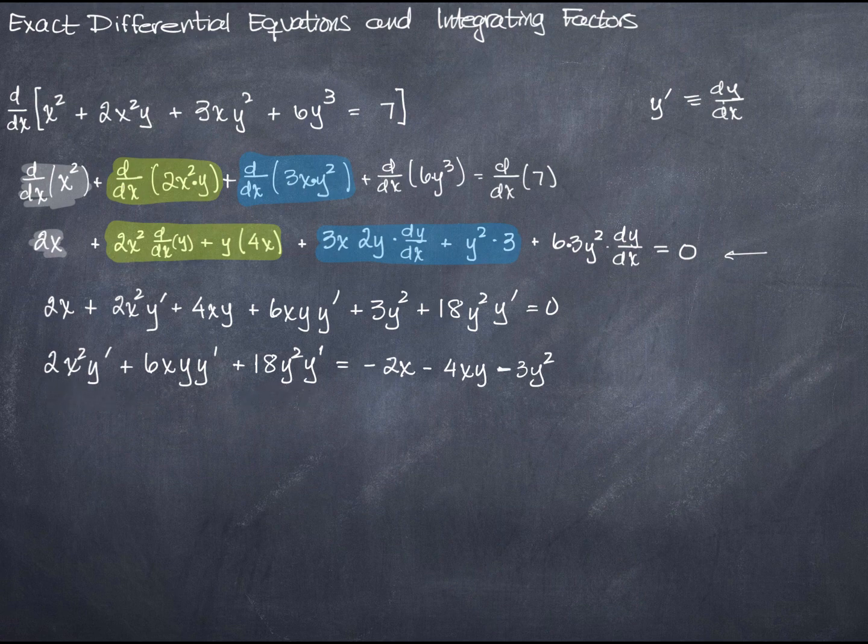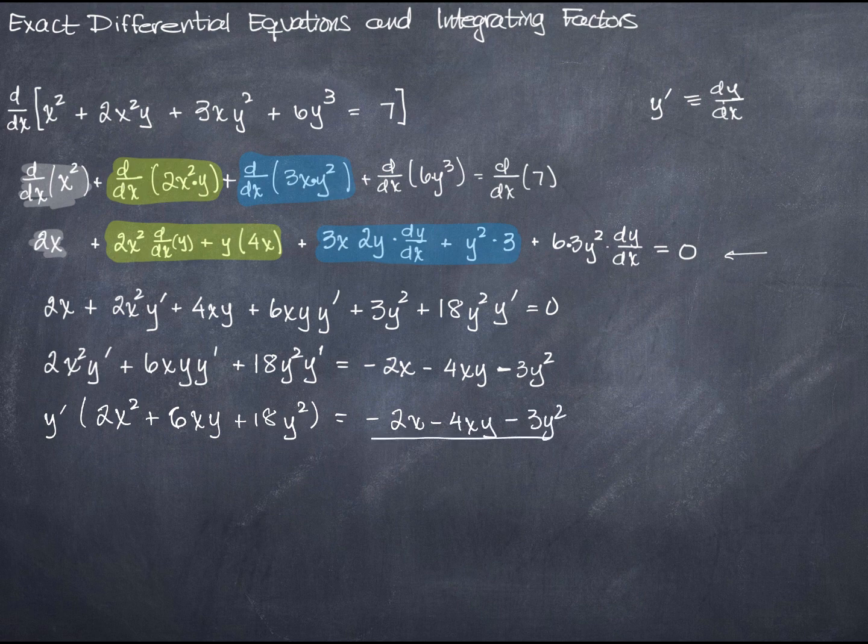The point in doing this is that now I can factor out that y prime. So y prime times 2x squared plus 6xy plus 18y squared is equal to the right-hand side. And now I can divide both sides by 2x squared plus 6xy plus 18y squared.